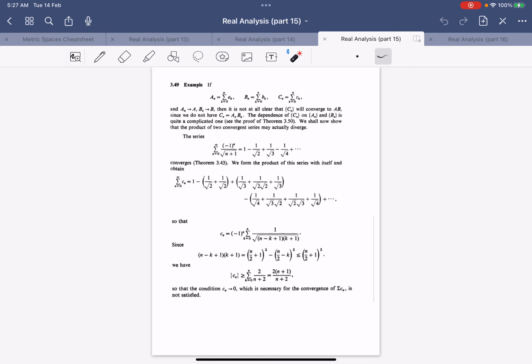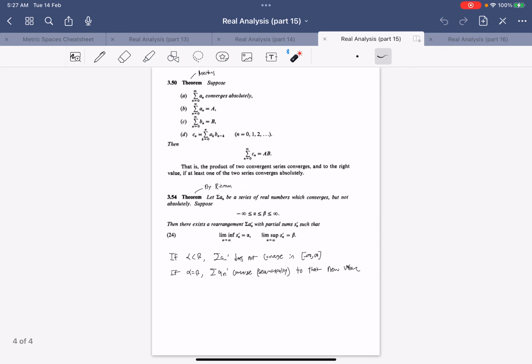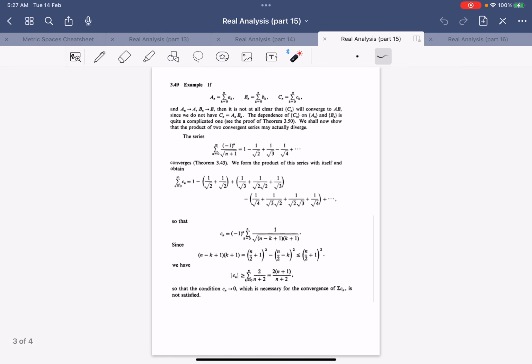That's because this series does not converge absolutely, since it's the p-series where p is less than 1. So if we do not know that a_n and b_n converge absolutely, it tells us nothing about c_n for now. But if we do know that a_n and b_n converge absolutely, then c_n will converge.